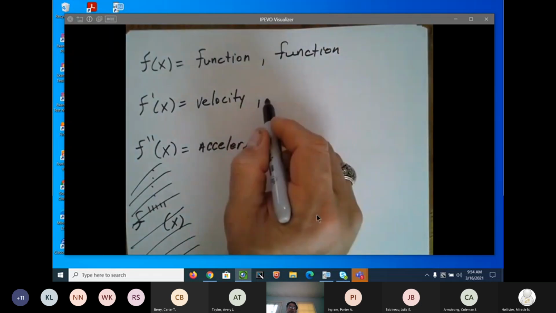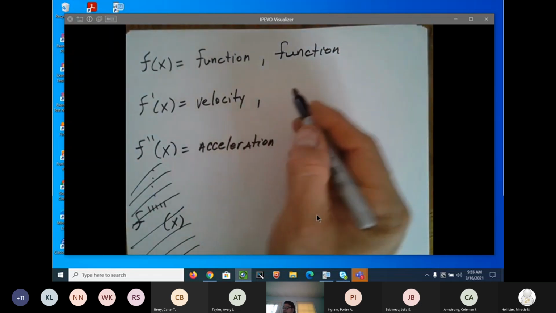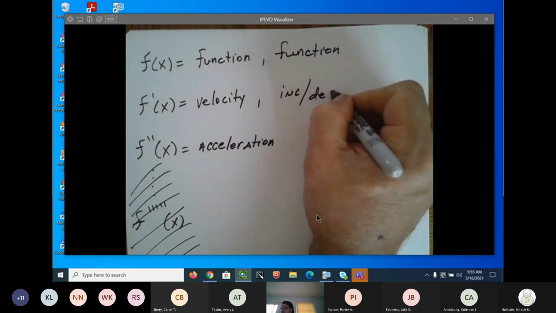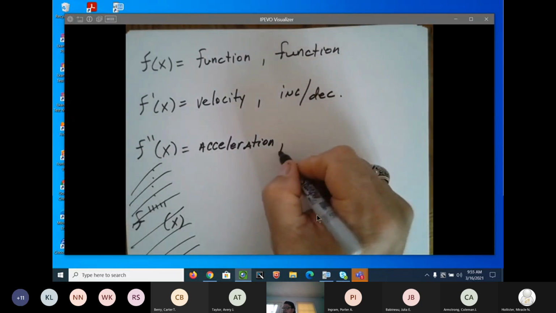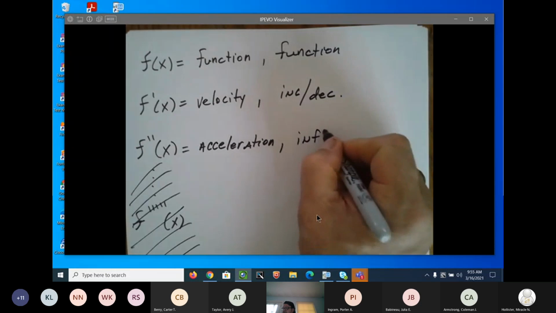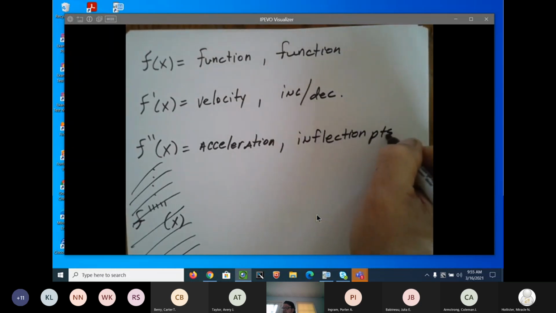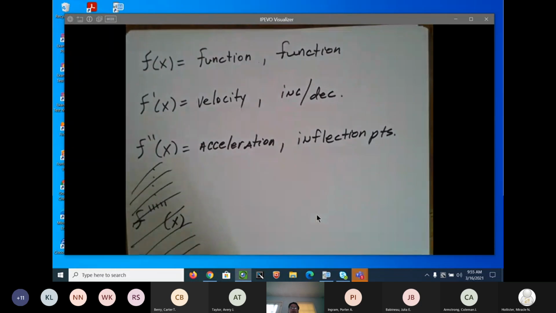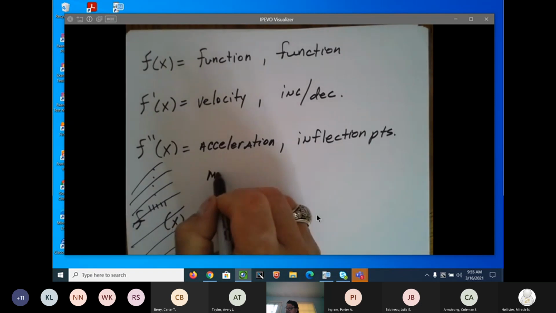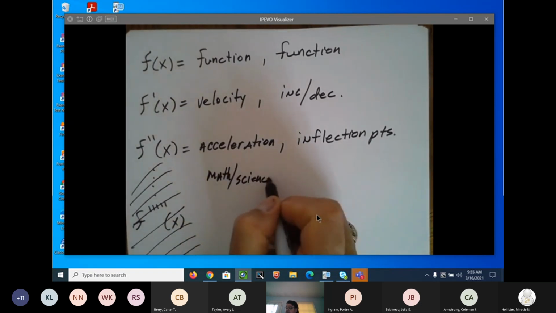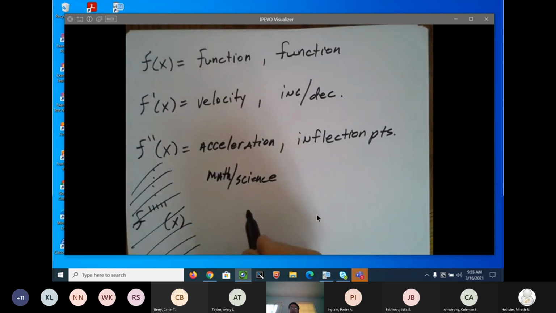This first derivative, you could actually say it's your increasing and decreasing. And this one is your inflection points. So the first and the second derivative will give you different things in different applications. In math and science, it gives you the velocity and the acceleration.